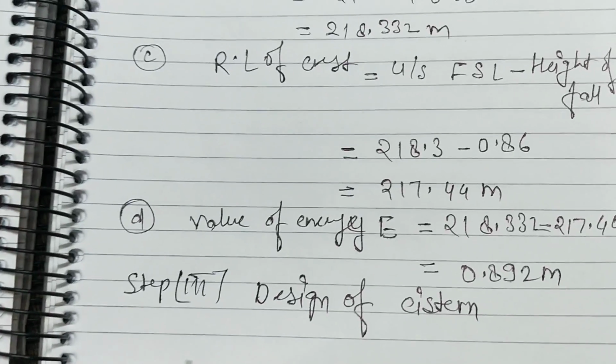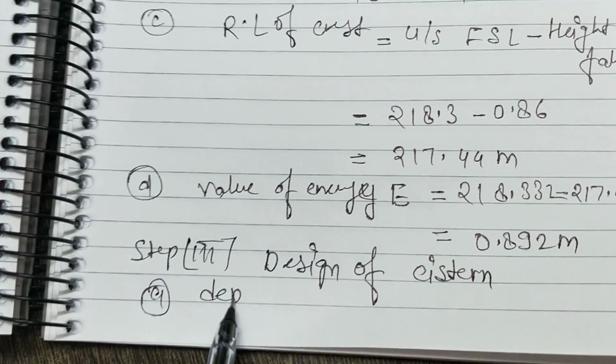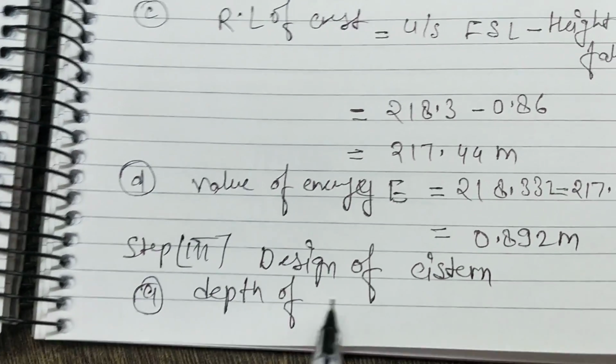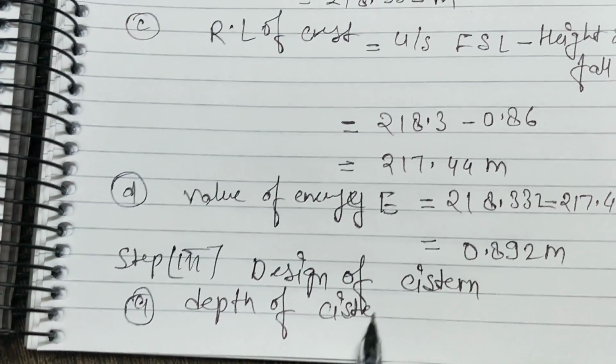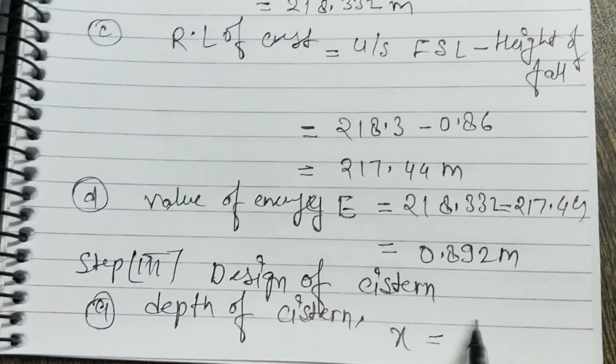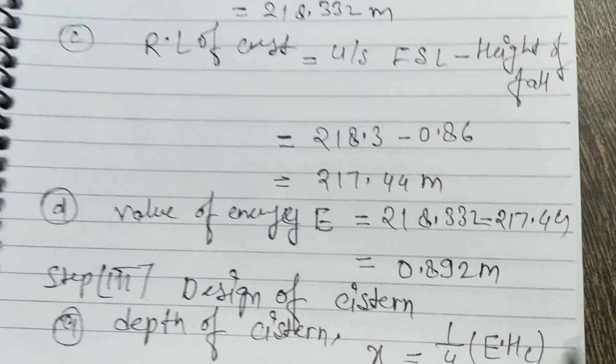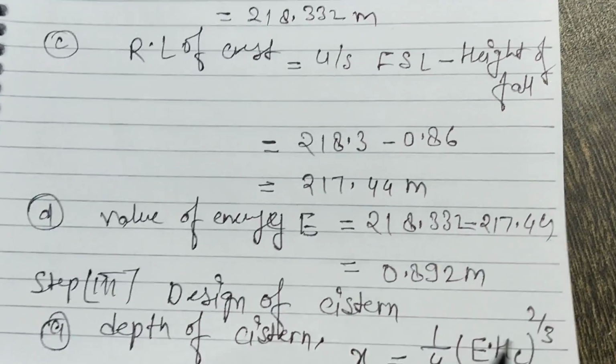Okay, design of cistern. To find this, at first we will find the depth of cistern. For the depth of cistern, there is a formula: x equals 1 divided by 4 into (E into HC) to the power 2 divided by 3.